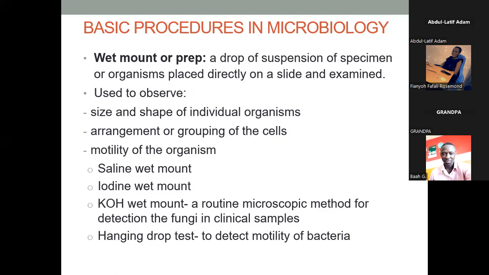When you do a stool wet mount and you want to look at the morphology, or you want to identify the type of protozoa cyst, then you need iodine to support. So once you're going to use iodine as the medium of preparation, we now call it an iodine wet mount.